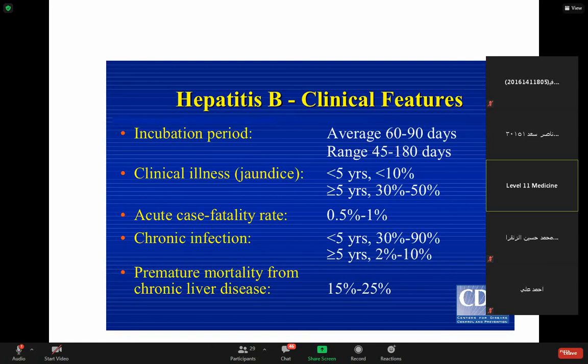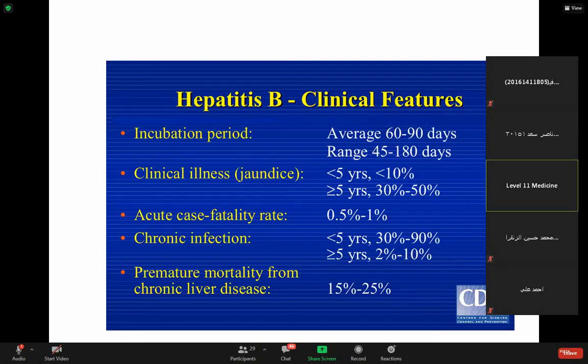Okay, so this is just, let's say, a time frame with hepatitis. For hepatitis B, when you get exposed, the incubation period takes up to 3 months. And then the clinical illness, when you're going to have the jaundice, is roughly more than 5 years.